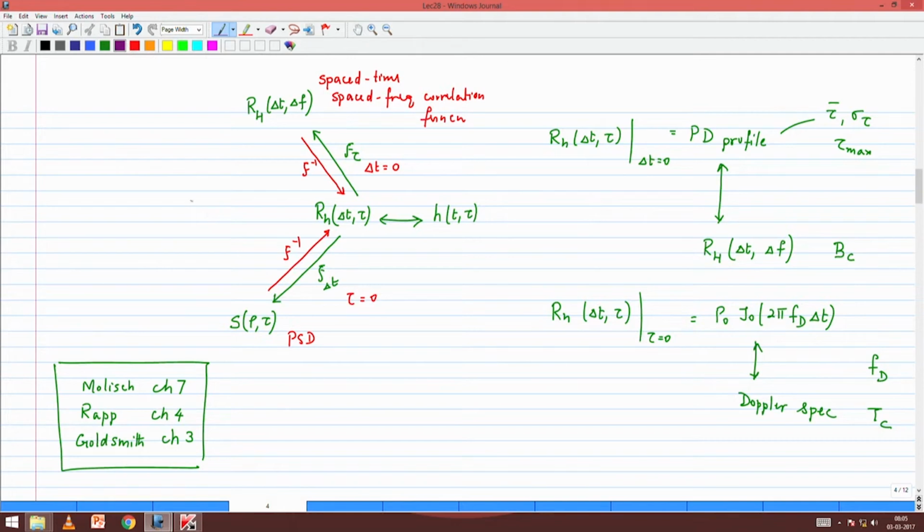So you can think of another Fourier transform with respect to delta t. Of course, the inverse Fourier transform should take you back, and so this would be another 2D Fourier transform. I'll just call it S hat. The delta t maps to rho, and delta f, that variable, is not affected by this transform.